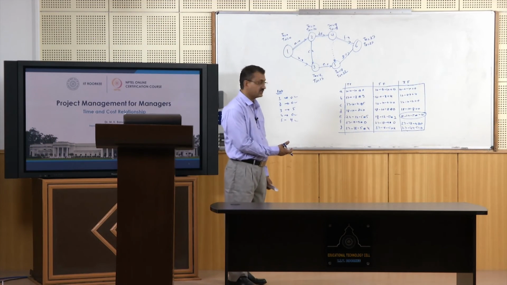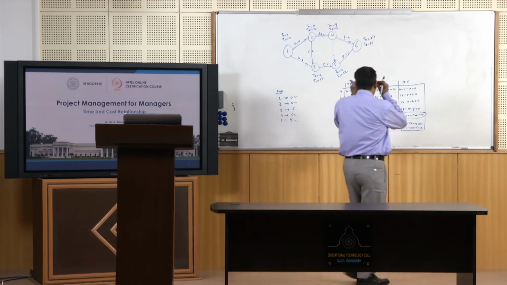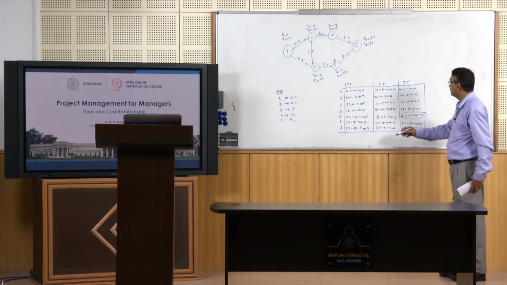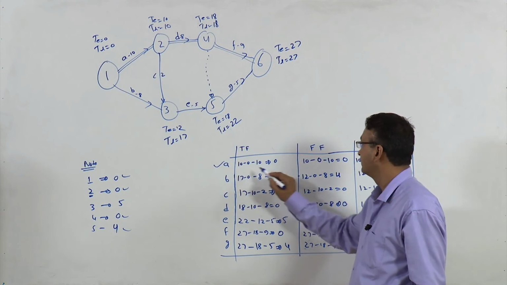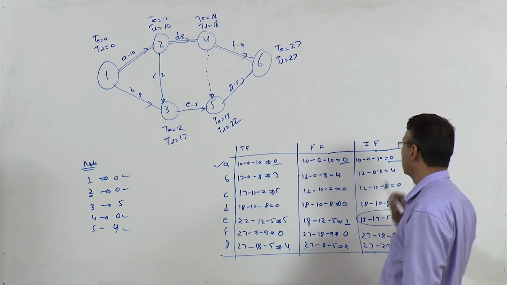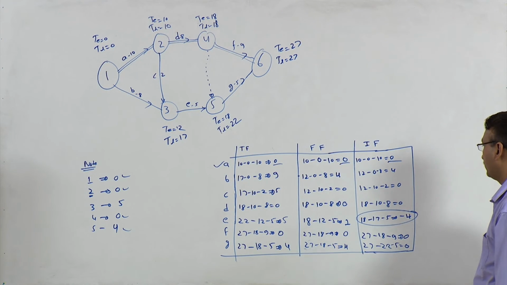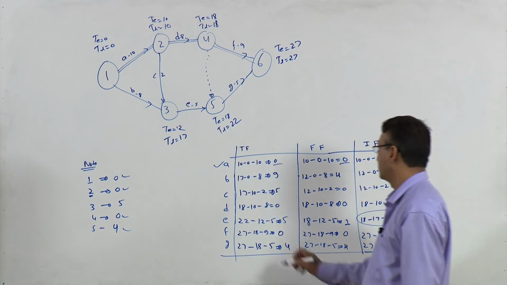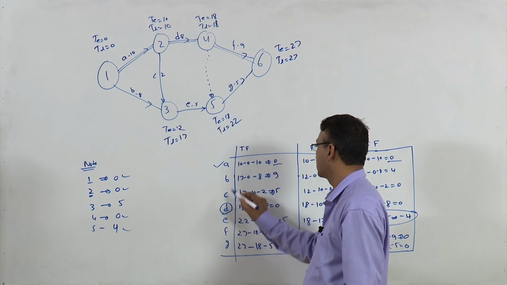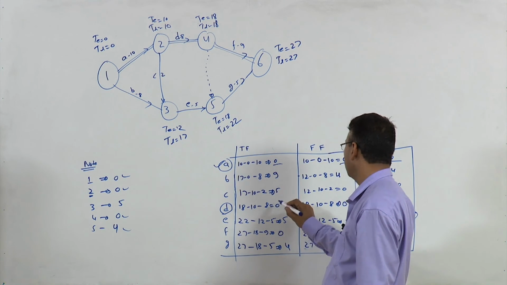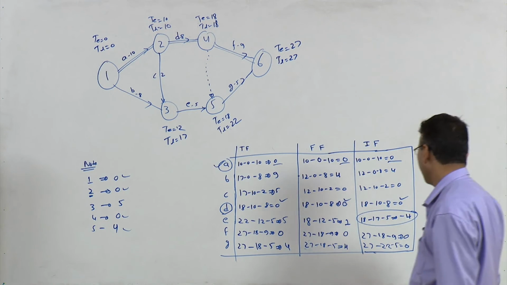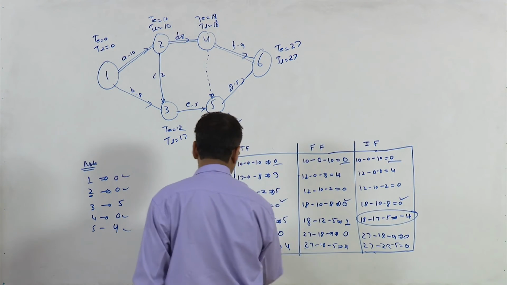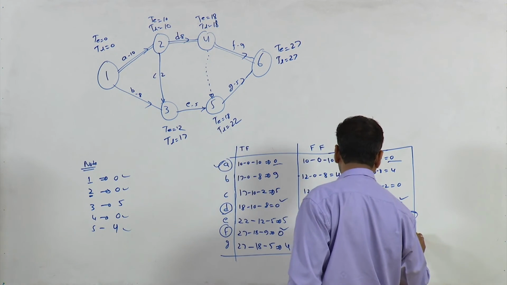Why did we calculate these floats? Let us look at for which activities you have got all these floats 0. So if you look at activity A, this is 0, this is 0, this is 0. For activity D, this is 0, this is 0, this is 0. For activity F, this is 0, this is 0, and this is 0.